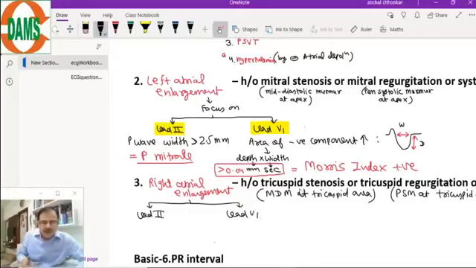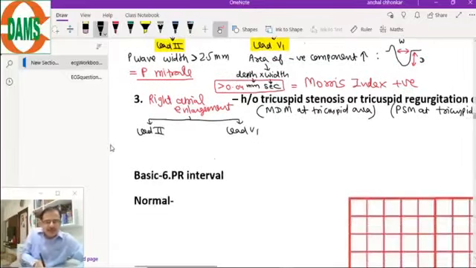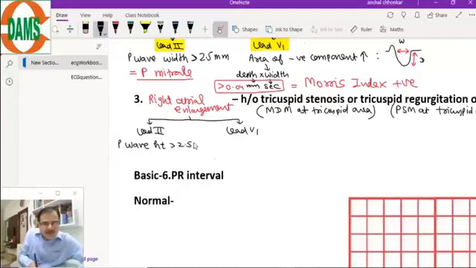Now, lead 2 we will focus upon, and this will show enlargement of height. So the P wave height will be more than 2.5 mm. Here the height will increase in lead 2, and the majority of cases of right atrial enlargement are due to COPD, remember, due to cor pulmonale.